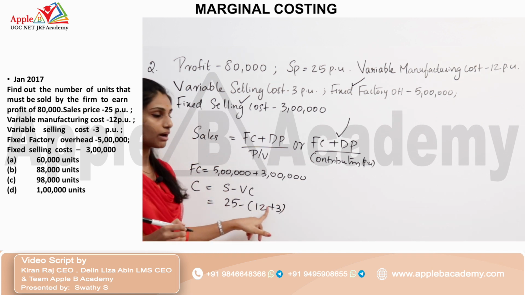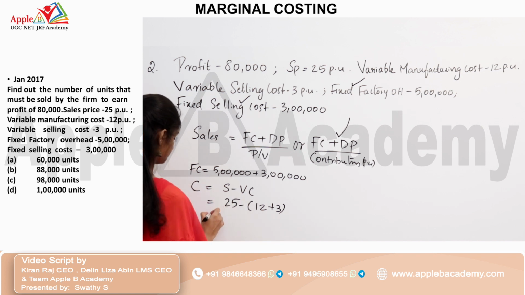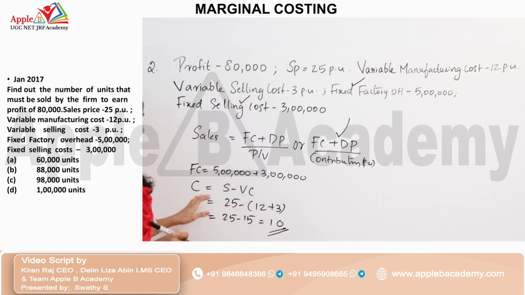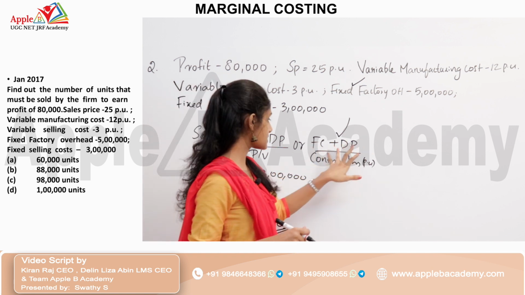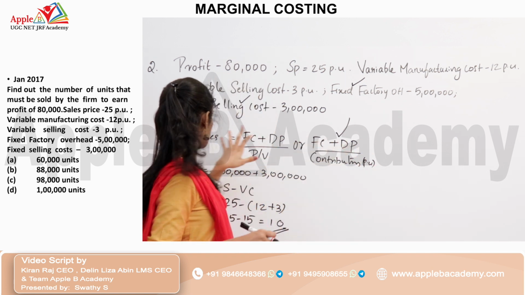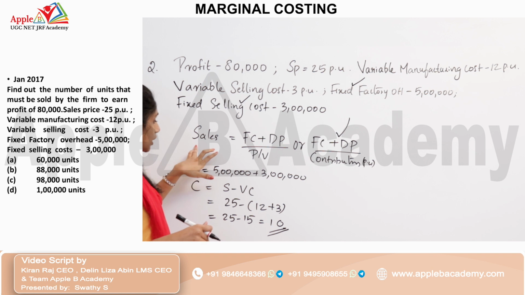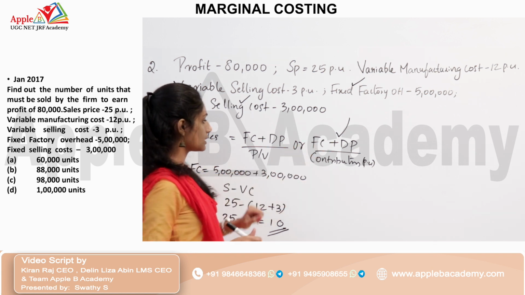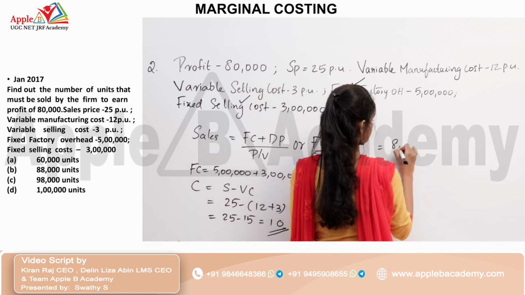So 25 minus 15 is equal to 10. So contribution is 10, fine. Fixed cost plus desired profit divided by contribution per unit will give you sales in units. Fixed cost is 5 lakh plus 3 lakh, which is 8 lakh.